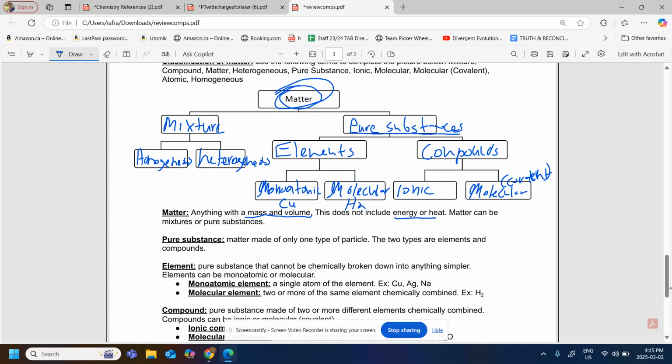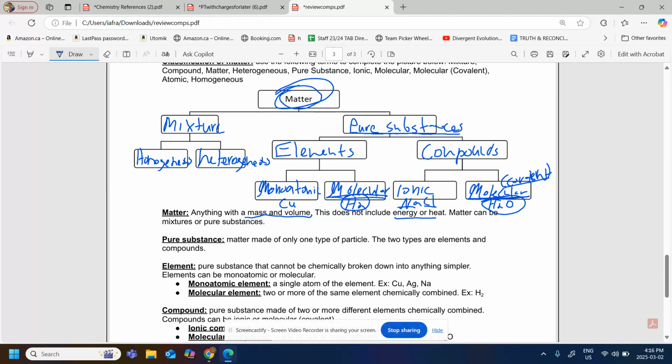And ionic compounds, remember, they're made up of a metal and a nonmetal. So NaCl is an example. Whereas molecular compounds are only nonmetals. But the difference between molecular compound and molecular element is that the molecular element is two of the same nonmetals connected. And then molecular compound is two different nonmetals connected to each other.